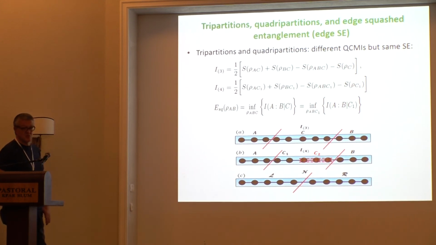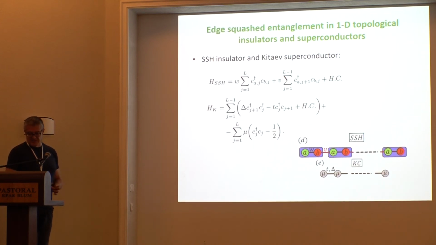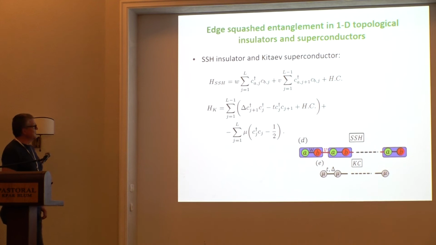And this allows us to use the squashed entanglement to discriminate between spontaneous symmetry breaking and topological phases. And so this is exactly what we have done, comparing the Ising chain with the SSH topological insulator with time reversal symmetry, and the Kitaev superconductor with particle-hole symmetry and P-wave superconductivity.